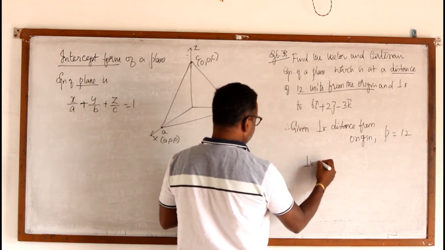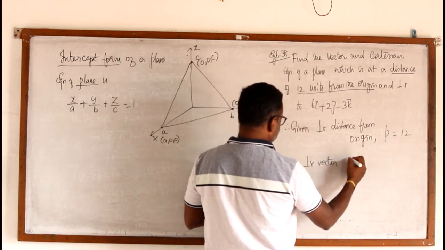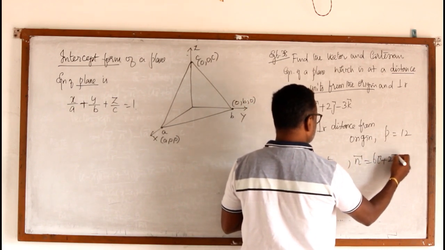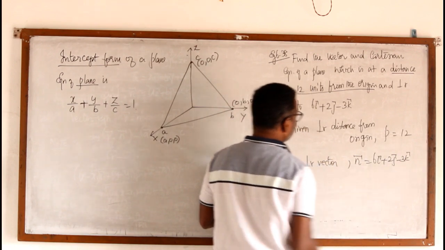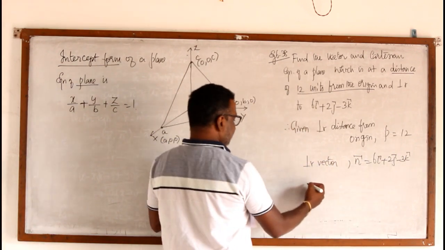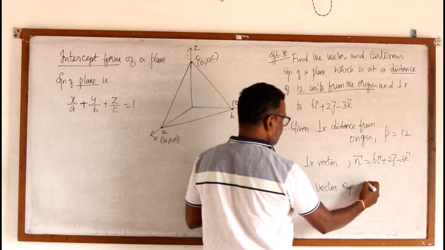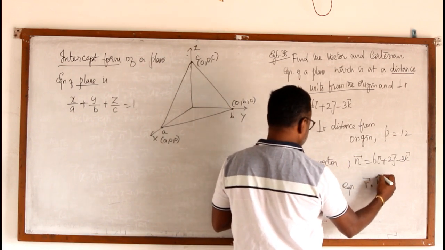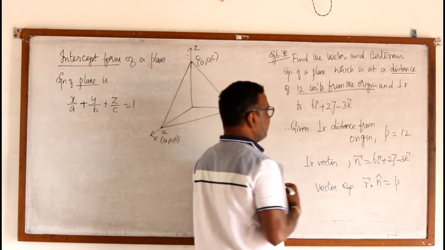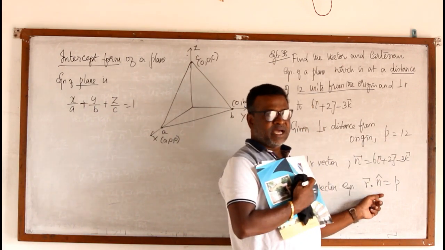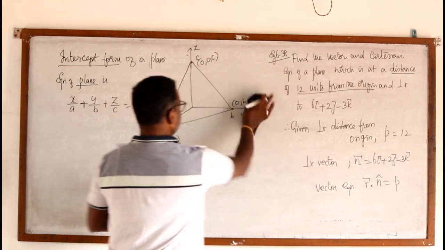And the perpendicular vector means it is the normal vector, n vector is 6i plus 2j minus 3k. Then the vector equation is r vector dot n cap equal to p. If I know the perpendicular distance, then I must use this formula r dot n cap equal to p.